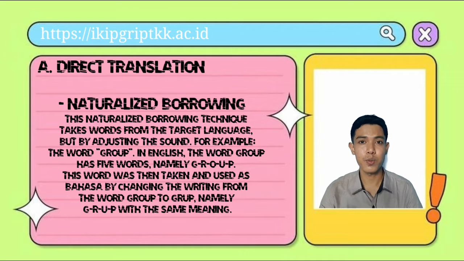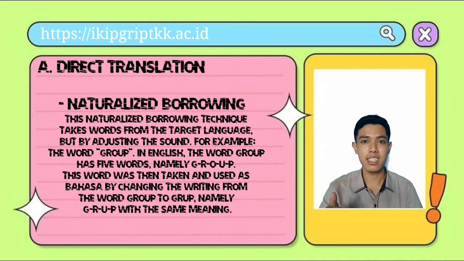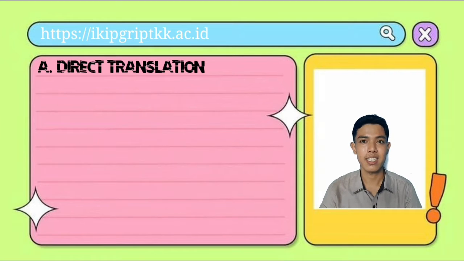In English, the word group has 5 letters, namely G, R, O, U, P. This word was then taken and used in Bahasa by changing the writing from group to grup, namely G, R, U, P, with the same meaning.